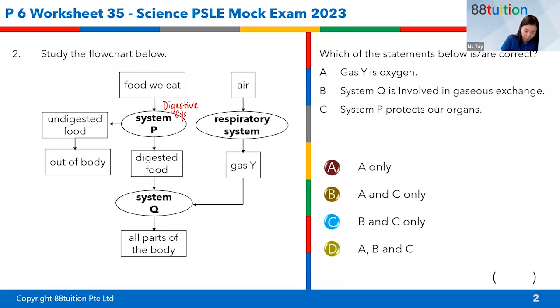And then what is Q? Okay, circulatory system. And what is Y? Y is actually oxygen. Okay, so gas Y is oxygen. Q involved in gaseous exchange? No. System P protects our organs? No. So only A is correct. Thank you. Okay, we can move on faster.